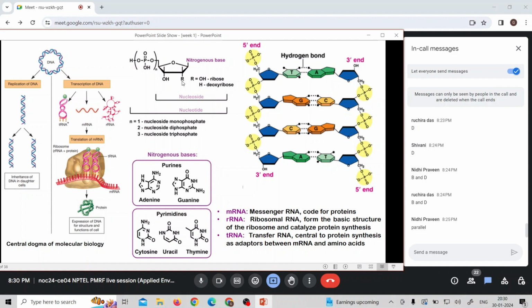That is the key difference between the molecules that make up a DNA or an RNA. And here, as you can see, the phosphate groups can be n, that is, n can be 1, 2, and 3. So you will be calling it AMP, that is adenosine monophosphate, adenosine diphosphate, or triphosphate, depending on the number of phosphate groups attached.